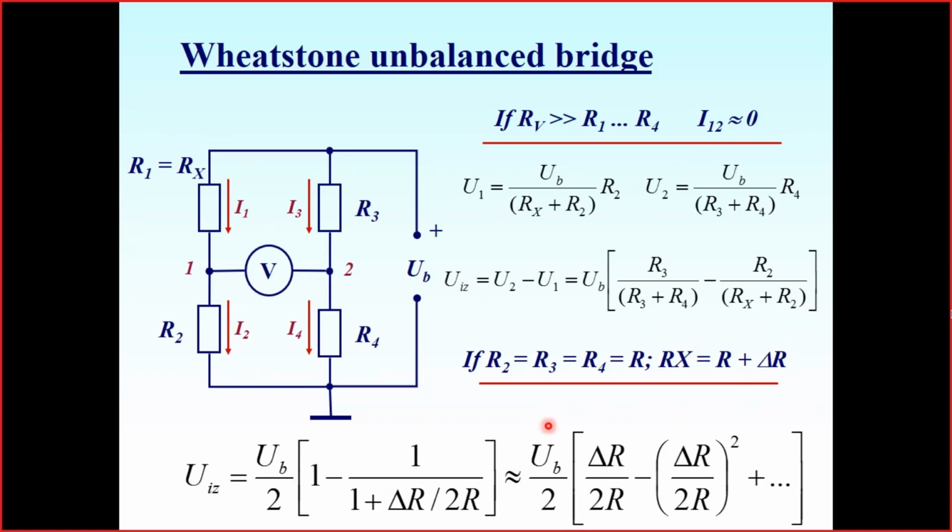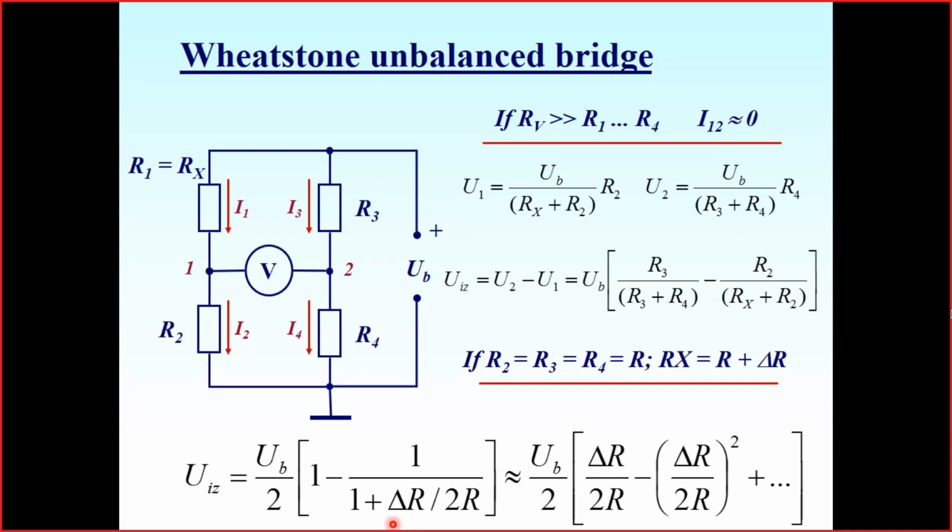We don't need any simplification or neglect now, we just make the transformation and come to such an equation where delta R appears in quite a complicated form.